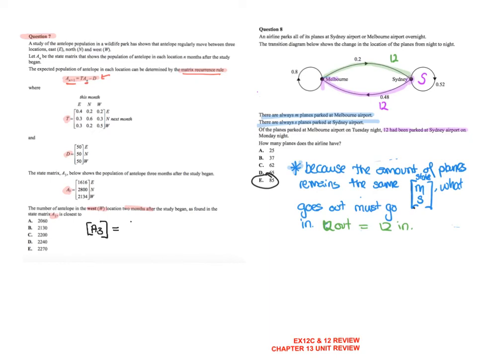So A3 would have been found by going the transition times A2 minus D. So like what we were saying before, we've been given this one, we have this one, and this A2 is pretty much the question. This is the one we need to know.